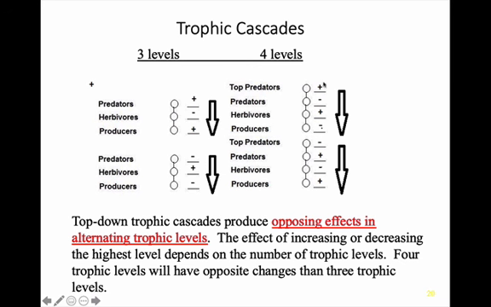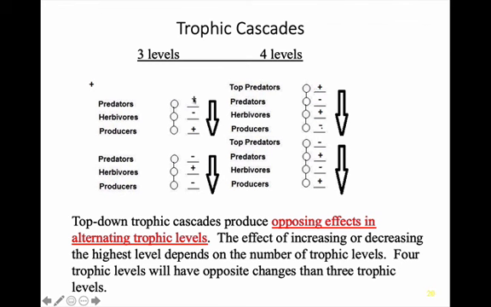If we don't, then maybe what we have is a bottom-up cascade. We would determine that by enhancing the lowest level and just seeing if we increase everybody equally all the way up the trophic level. But this is a really interesting thing.